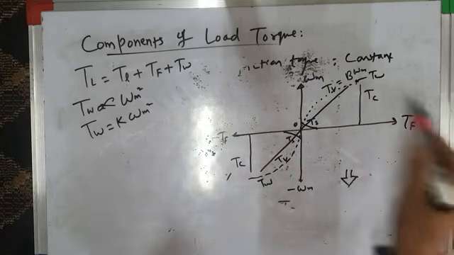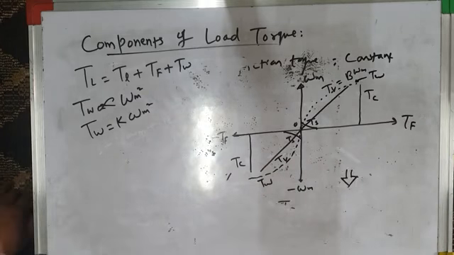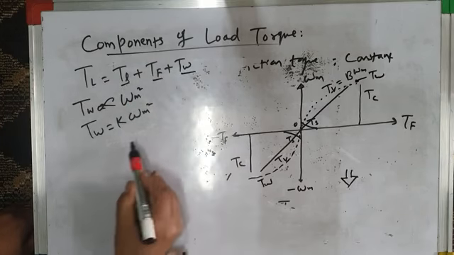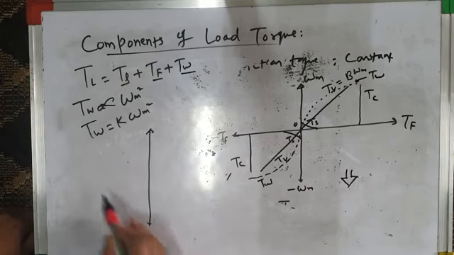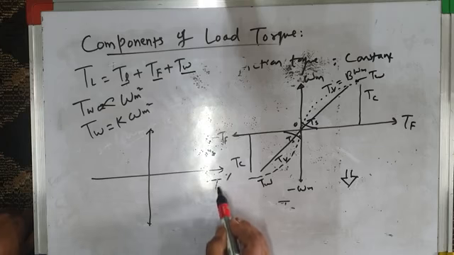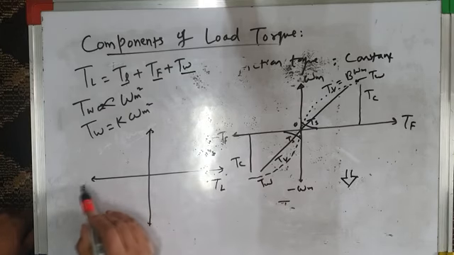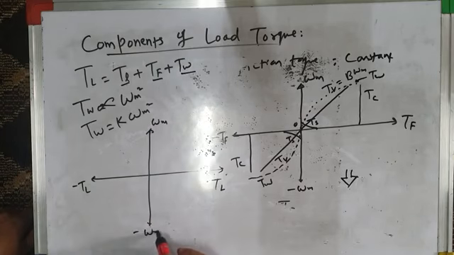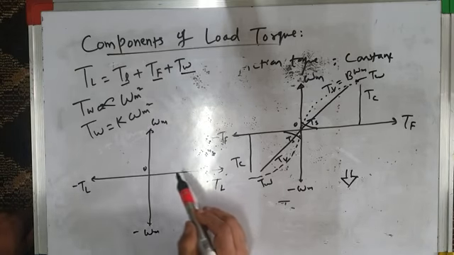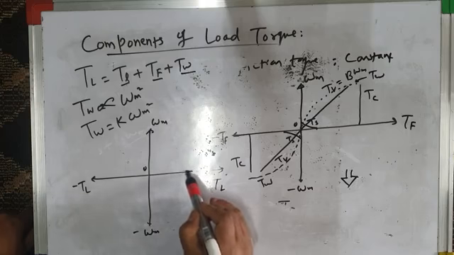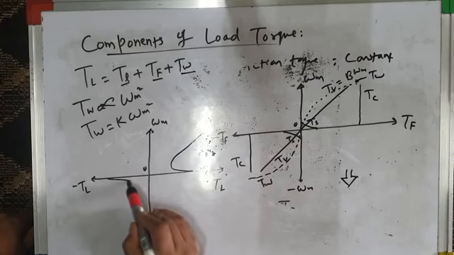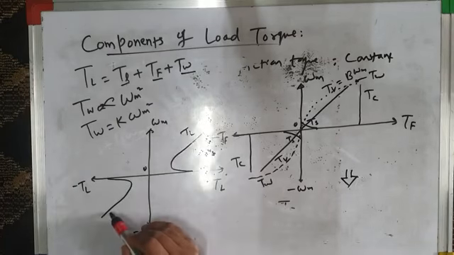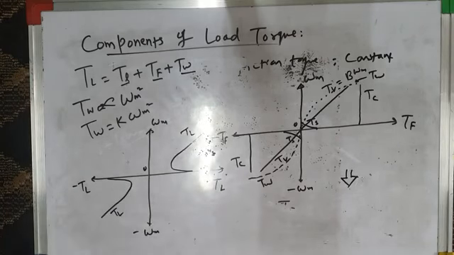Now if you add up all these torques, you will get the total. You add the load torque plus friction torque plus windage torque. So the total torque becomes like this. This is the total load torque TL versus omega m. So it becomes something like this. This is the total load torque TL in first quadrant and in third quadrant.